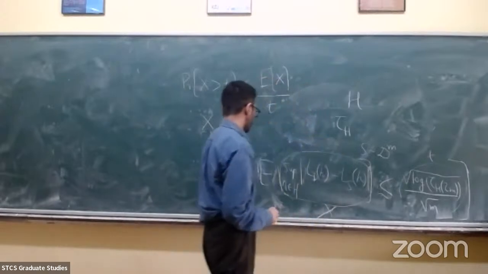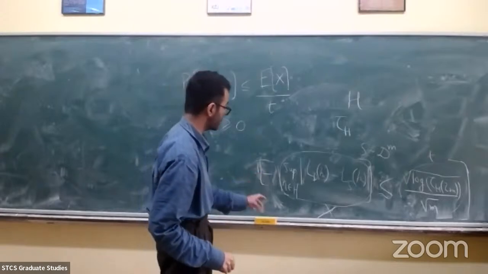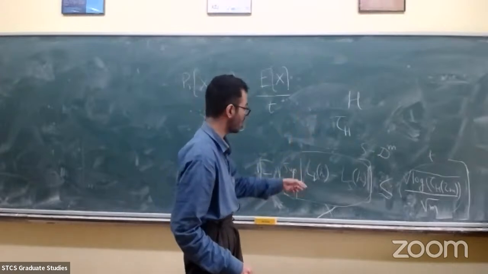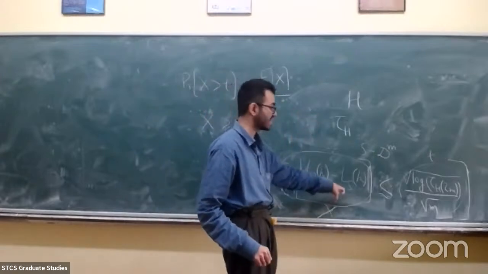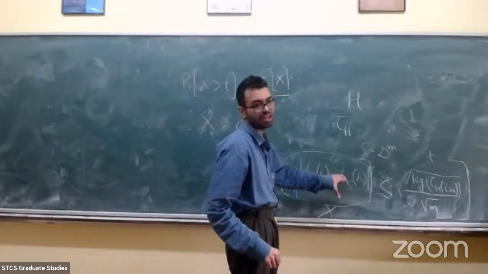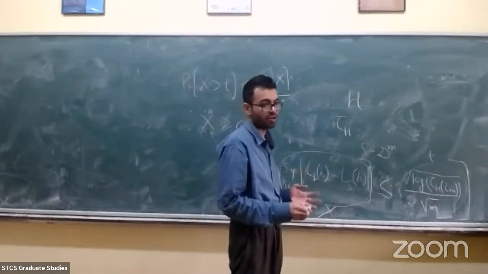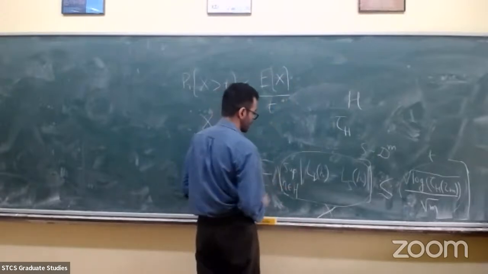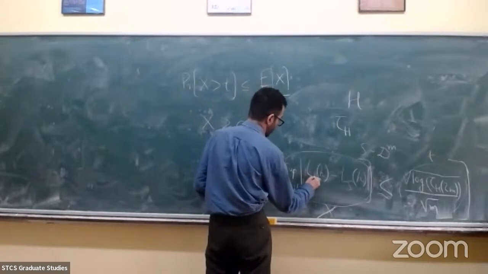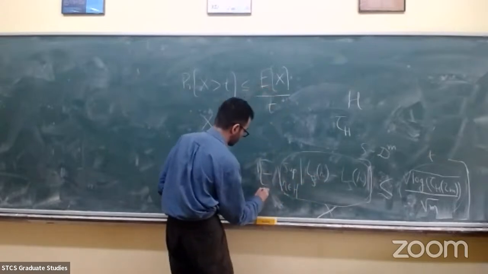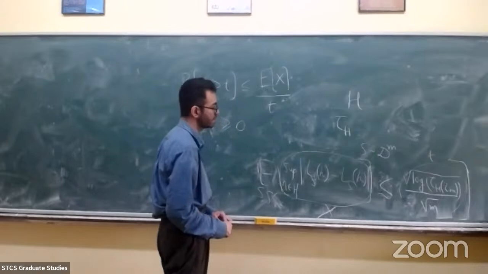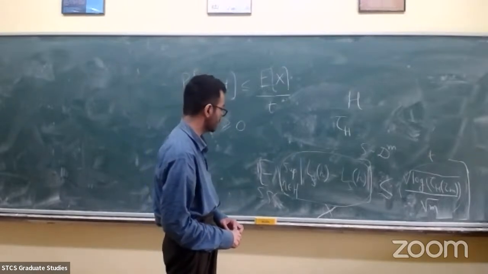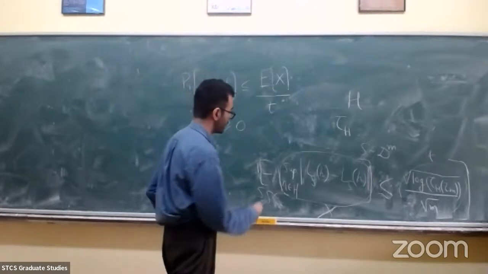So the first step was to turn this expectation into an expectation over two samples. Right now you have an entire distribution and a sample, which is difficult to work with because it's hard to think about an entire distribution. So we turned it into something about two samples, S prime and S. So that was the first step.